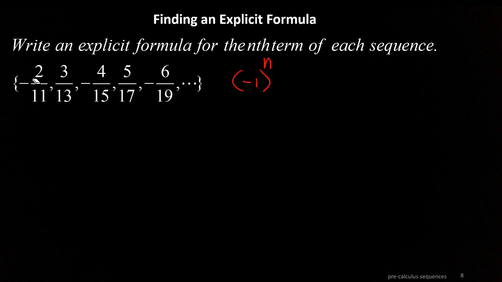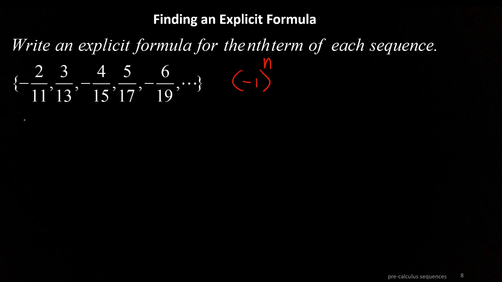What if this was positive, this was negative? Then we have to start with n minus 1 or plus 1. So when n is 1, you don't get a negative, right? But in this case, we do want to get negative when n is 1. So we put that. Now, what about the numerator? Remember, we have to determine these based on their position.